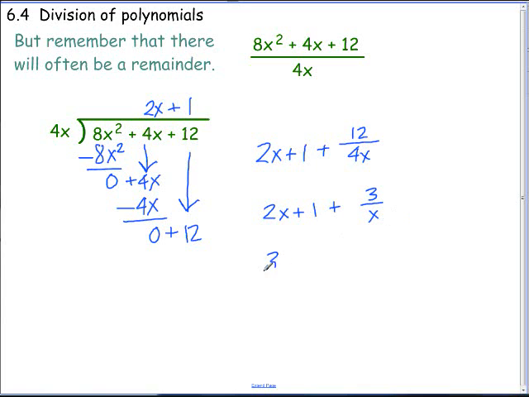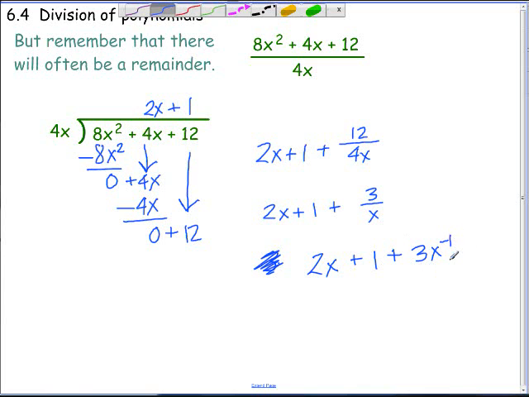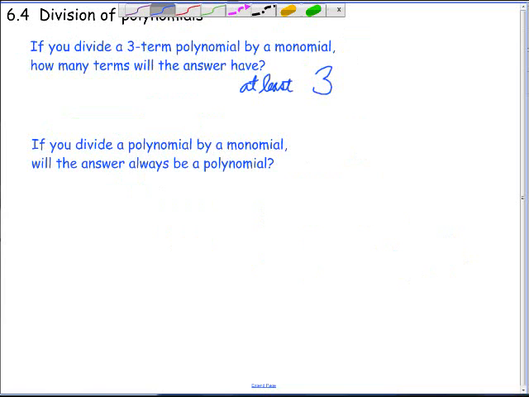This, if we wrote it out, 2x plus 1 plus 3. Oh, that's supposed to be a plus. Sorry. Plus 3x to the negative 1. This doesn't fit because we have a negative exponent. So, no.